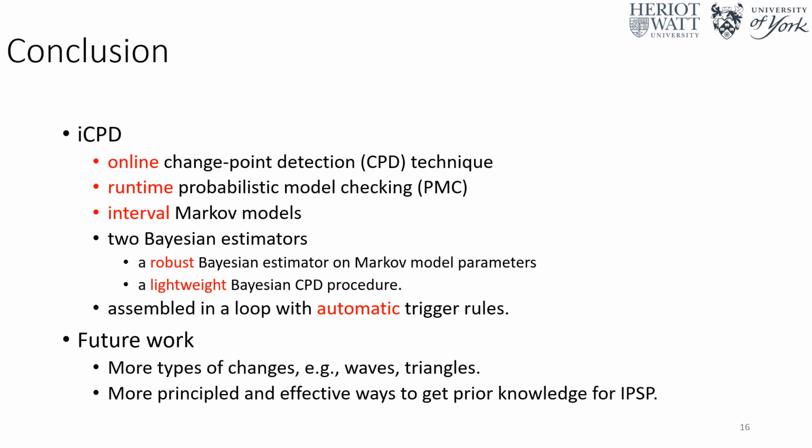The 2 Bayesian components are assembled in a loop with automatic trigger rules to invoke each other. And in the future, we plan to investigate more types of changes and work on how to elicit prior knowledge for the Bayesian estimators in a more rigorous and effective way.